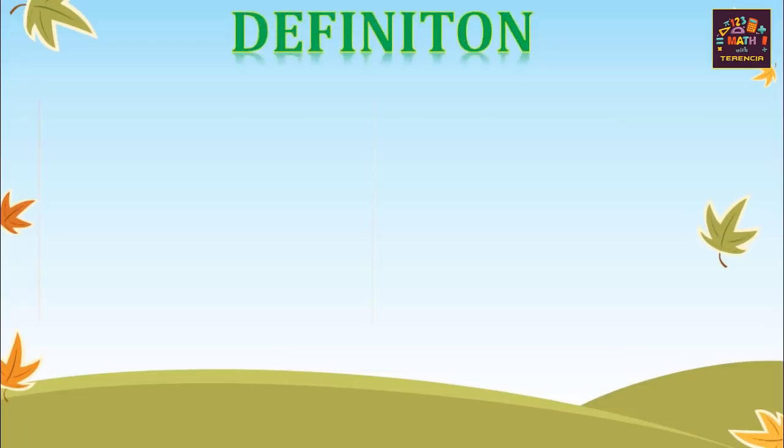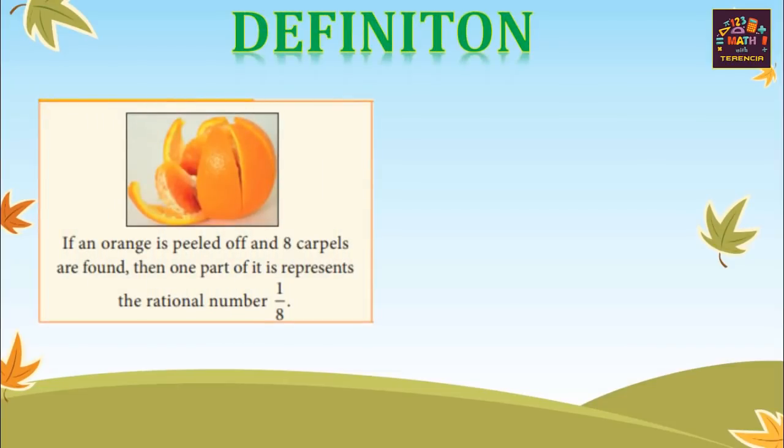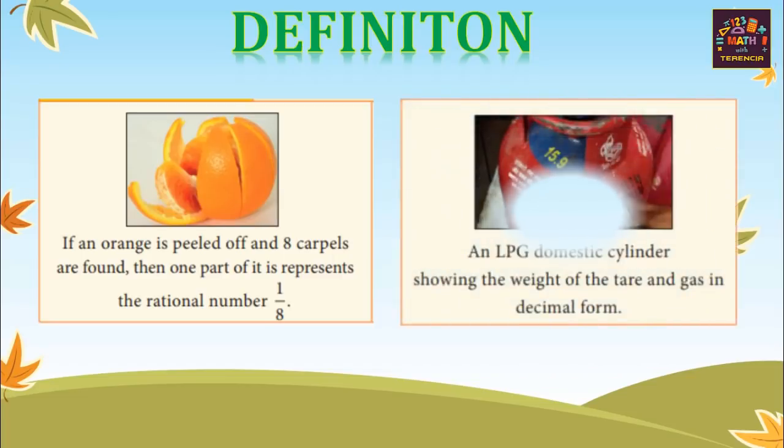Let's see some examples. There is an orange and it is peeled. We have 8 carpels and I'm going to eat one from that. So the number I got is 1 by 8. Let's see one more example.